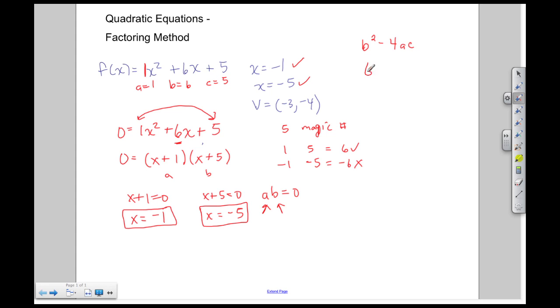So here we're going to use 6 squared minus 4, where a is a 1 and c is a 5. 6 squared is 36 minus 4 times 1, which is 4, and then 4 times 5, which is 20. So here I have 36 minus 20, which gives me 16, and 16 is greater than 0.